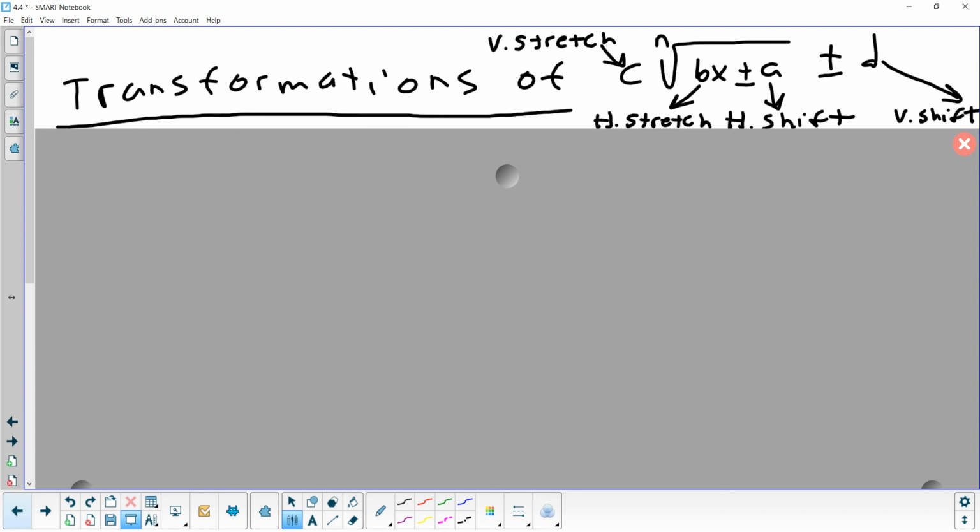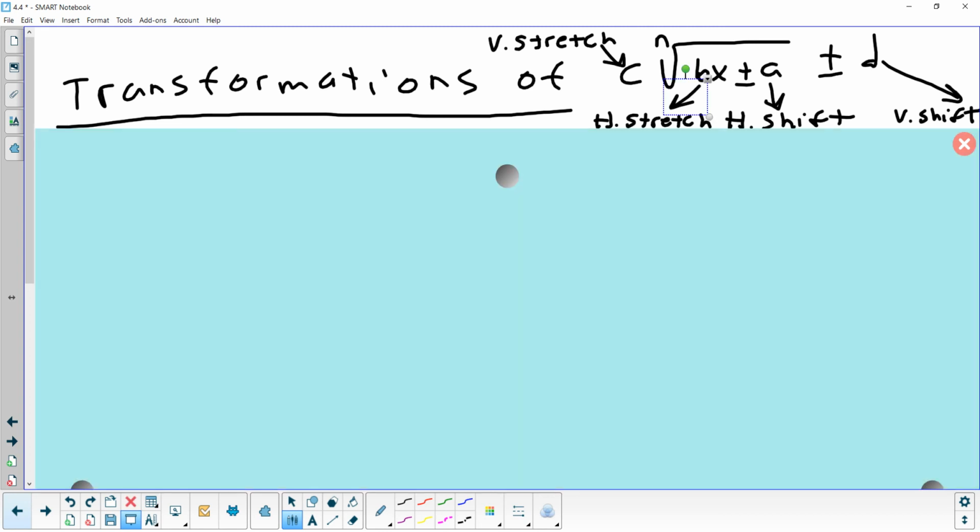Now, one thing we didn't mention, but I think we've mentioned before, if B or C had a negative in front of it, what would that cause your graph to do? That would be another transformation. Jake? A reflection. That would be a reflection. If B is negative, it's a horizontal reflection. If C is negative, it's a vertical reflection.